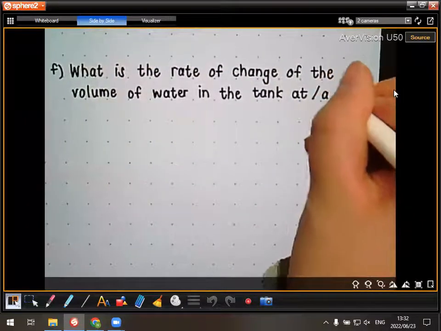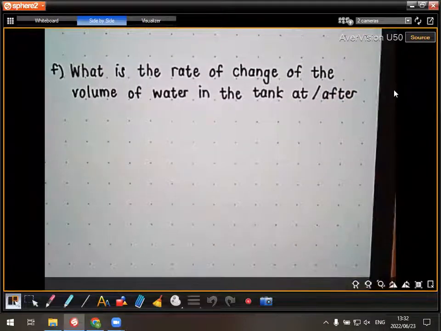They can say at or after. Doesn't mean the same thing.